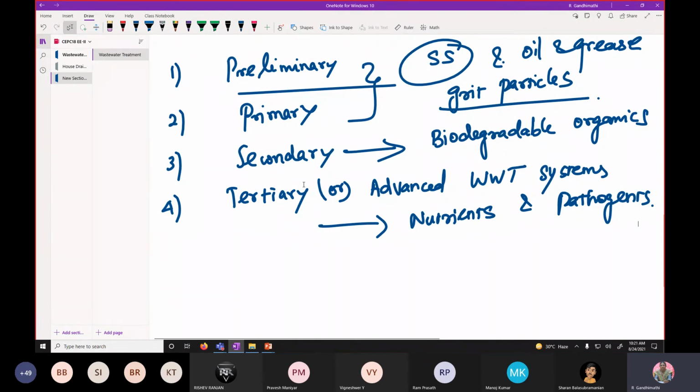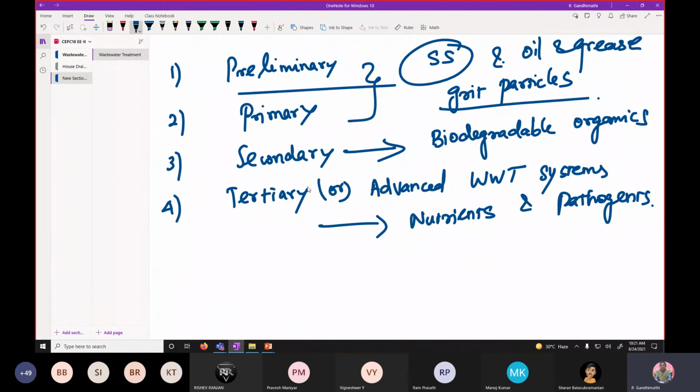Therefore, it depends on the requirement. Either you have to adopt 1, 2, 3, 4 or 1, 2, 3. For example, if the municipality wants to treat the wastewater for irrigation or reuse purposes, then they have to adopt all 1, 2, 3, 4. Sometimes they discharge into nearby water bodies. In that case, they will not go with the advanced wastewater treatment systems.